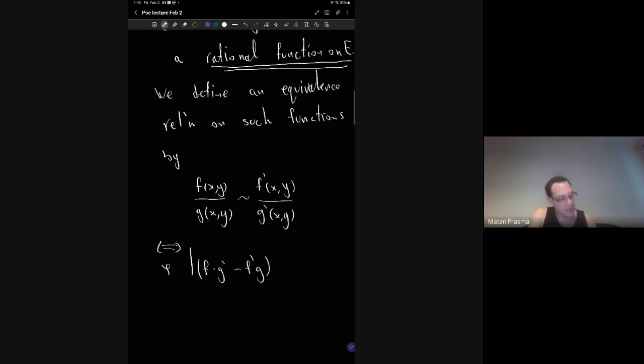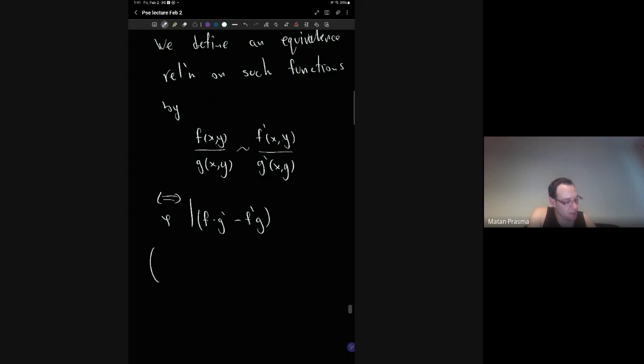Okay, what I'm doing here is recall that when I had polynomials in one variable and I had a polynomial phi, it didn't have to be a prime polynomial. This was a mod phi arithmetic.